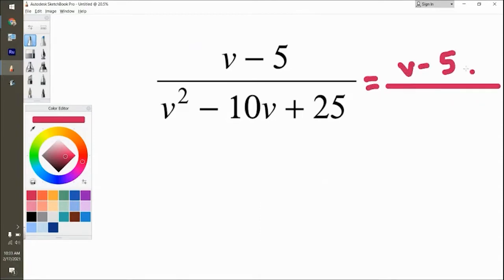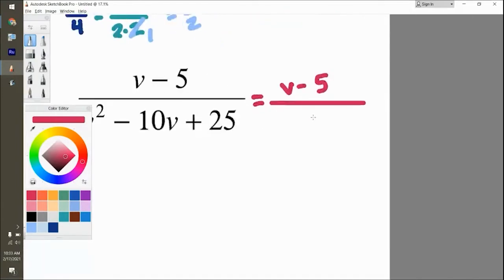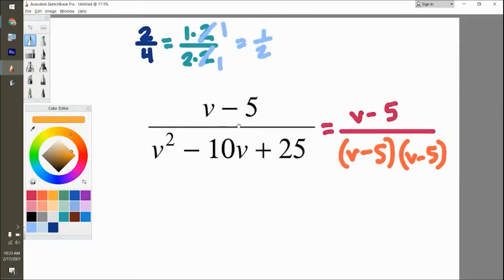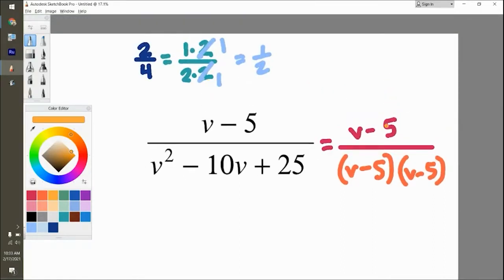Okay, but we do need to factor that denominator there. v minus 5 times v minus 5, or you can do v minus 5 squared. It doesn't really matter. Okay, now just like before when we did 2 over 4, we canceled out the 2's. We're going to cancel out v minus 5 because that's technically a number. And you're left with 1 over v minus 5, and that is the final answer for this.